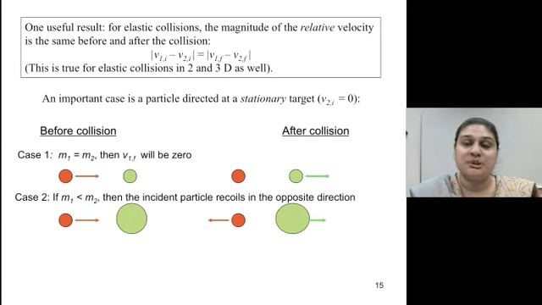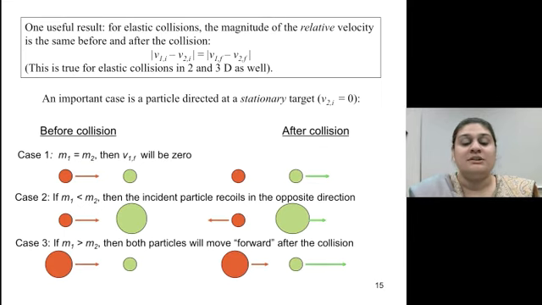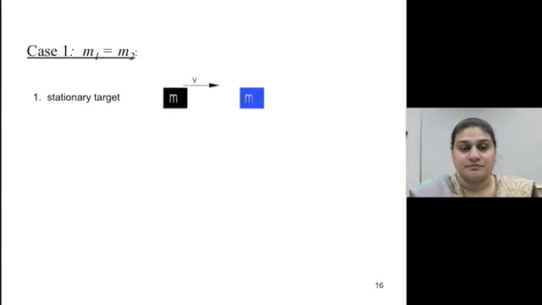If m1 is much smaller than m2, the incident particle will recoil in the opposite direction and transfer some of its momentum and velocity to particle 2. If m1 is much larger than m2, both particles will still move forward after the collision, except that the target will gain a lot of velocity and the incident particle will not lose too much.